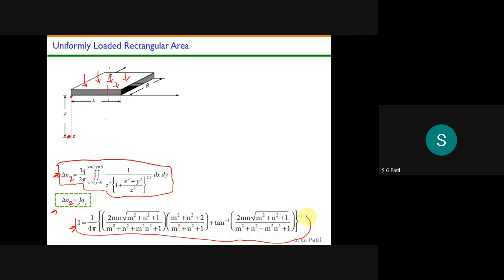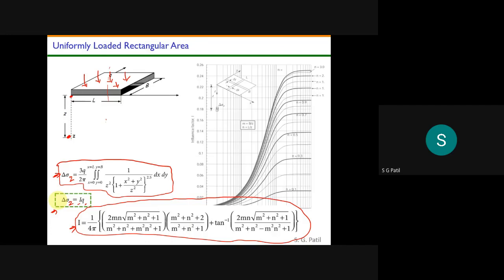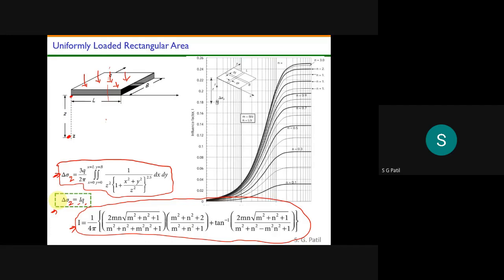So this is a very big formula. It is not expected to remember. If you're able to remember this formula, then this kind of charts will be there. Whatever this I value is, it is given in terms of a chart here. So this is your influence factor chart.